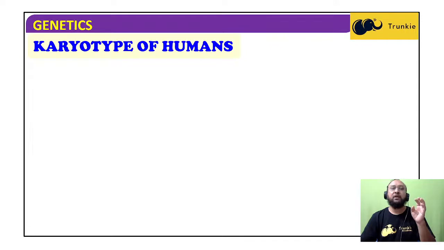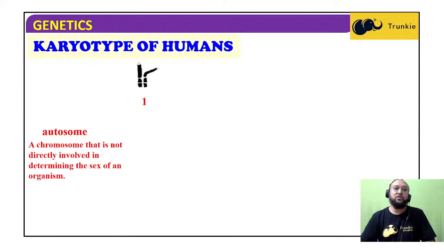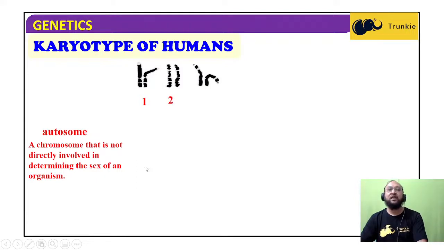So, karyotype of humans. Before we understand sex determination by the chromosomal theory, we also need to know what the karyotype of humans is. Autosomes means all the chromosomes except sex chromosomes. A chromosome that is not directly involved in determining the sex of an organism is an autosome.